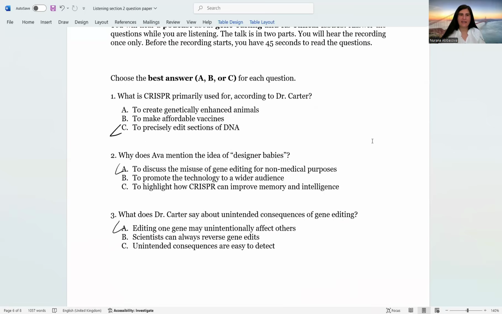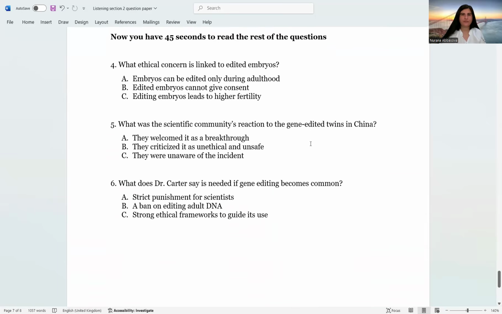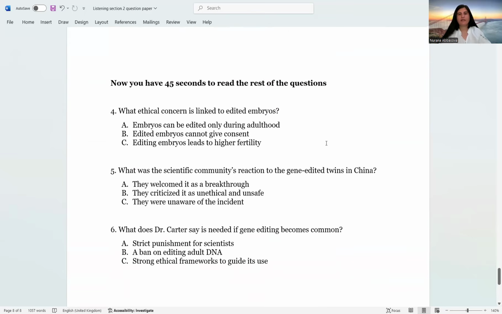C, A, A. Okay, to create genetically enhanced animals. Did they talk about it? I'm not sure about enhanced animals. Somebody said they did. I'm not sure about that. They didn't talk about it. Yes. Last questions, 4 to 6.